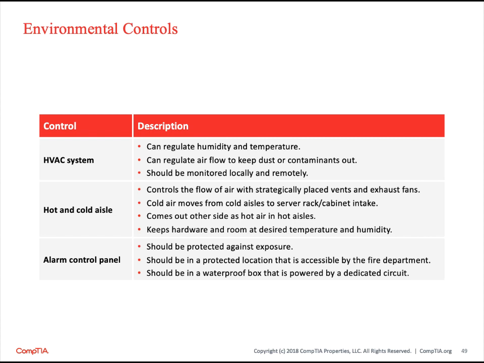However, it needs to be accessible to the fire department. And we should also encase this in a waterproof climate control box that is powered by a dedicated circuit. That way, in case there's any power fluctuations or whatever, we don't lose that. And it needs to be programmed to function by the particular zone within an organization.